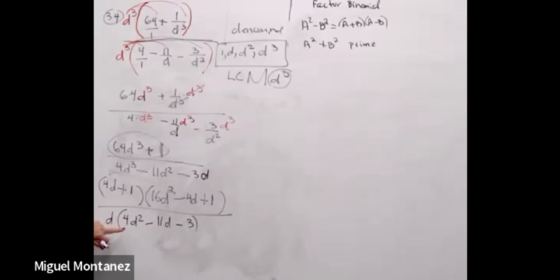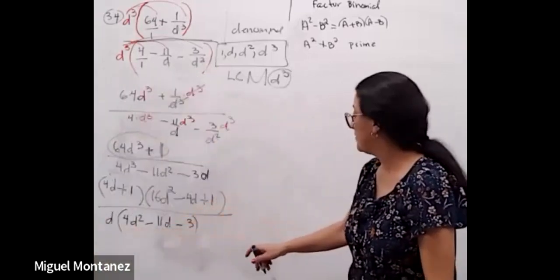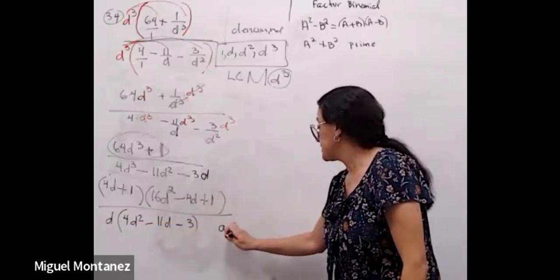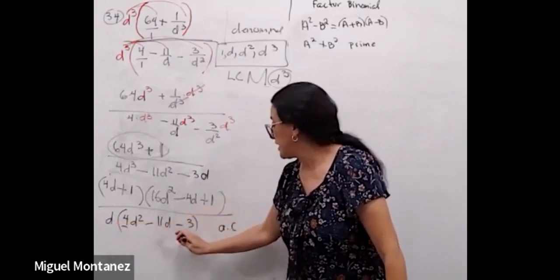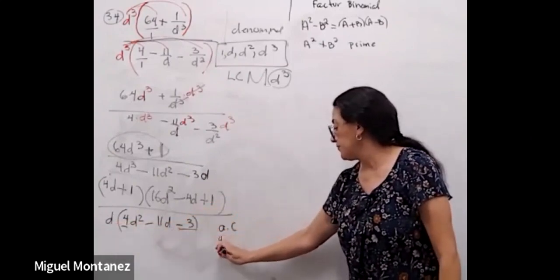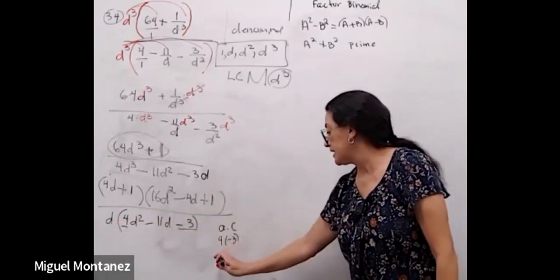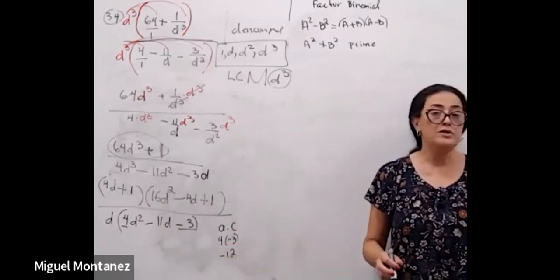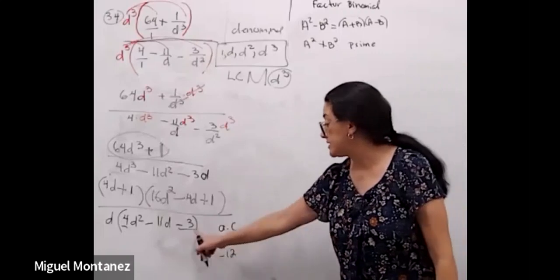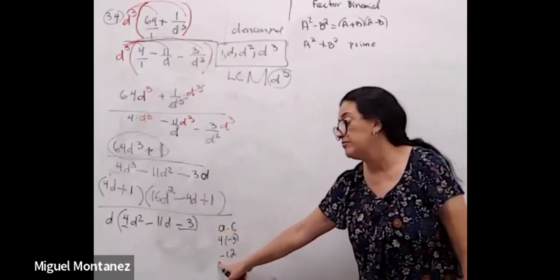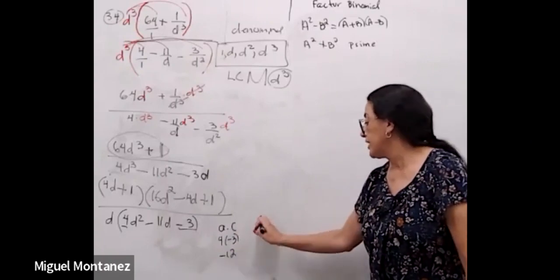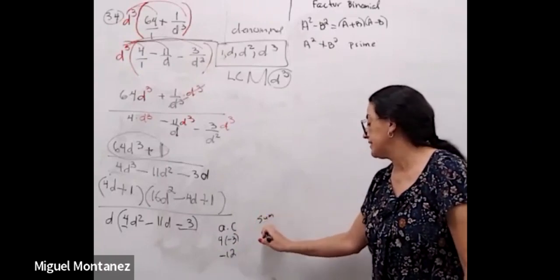I don't know which one you were doing, the AC or the trial and error? The AC. First times last. 4 times negative 3 is negative 12. Can we find two numbers that multiply to give us negative 12, but when we add them, we have the sum negative 11?